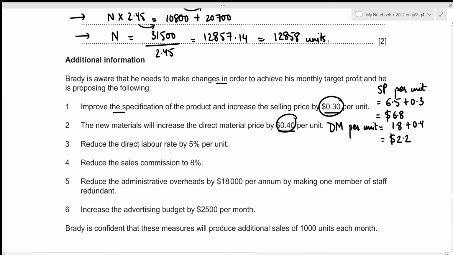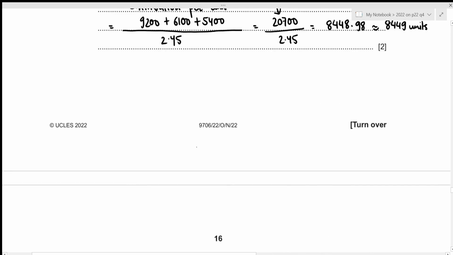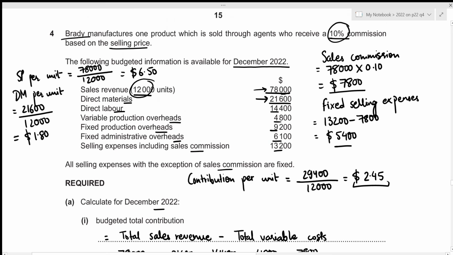Then we need to reduce the direct labor rate by 5% per unit. Let's figure out the direct labor per unit. Again, we repeat the same process. We divide the total direct labor by our number of units. In this case, that's 14,400 divided by 12,000, which results in our direct labor per unit having the value of 1.20.